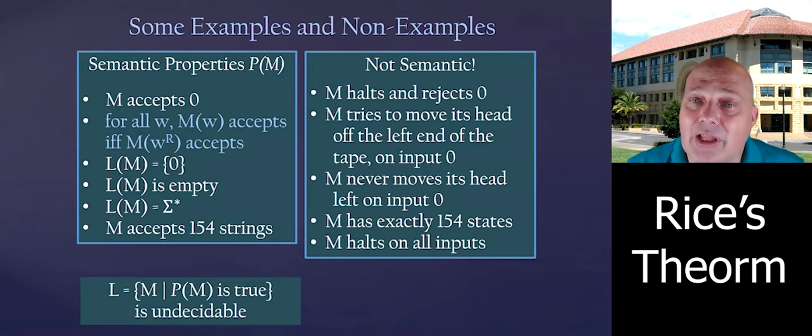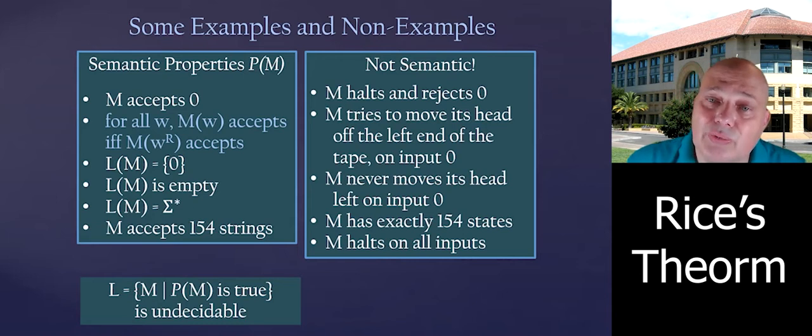M has exactly 154 states. The number of states is not necessarily a property of the language, but it is a property of the implementation. I can always take a Turing machine and add dummy states, and therefore the number of states can change. M halts on all inputs.